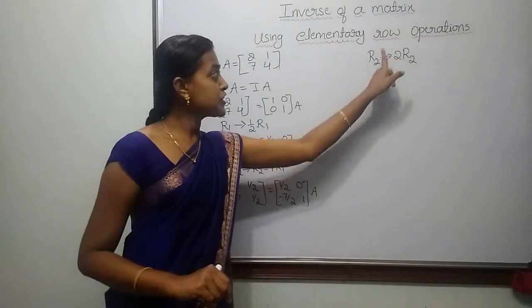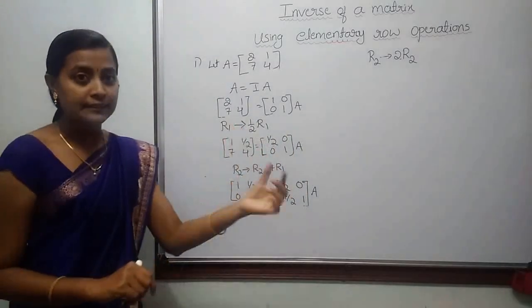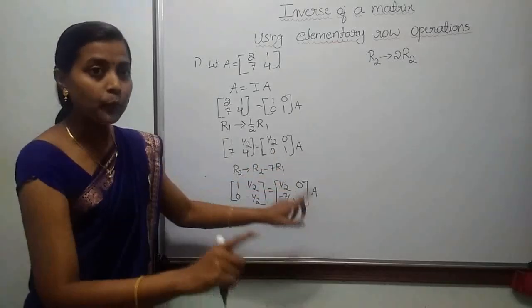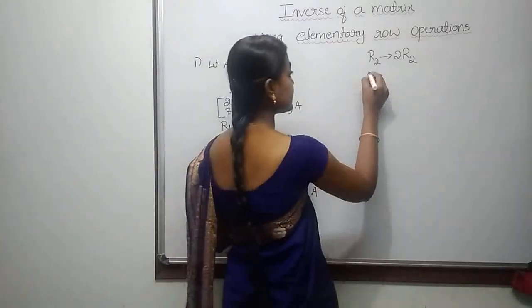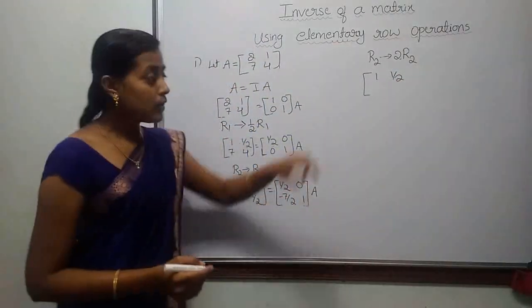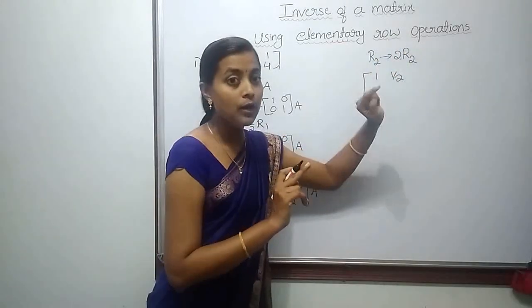We are changing R2. We keep the elements of first row as it is. The elements of first row are 1, 1 by 2. I will write them as it is here. 1, 1 by 2. Now, the operation is R2 changes to 2 into R2.